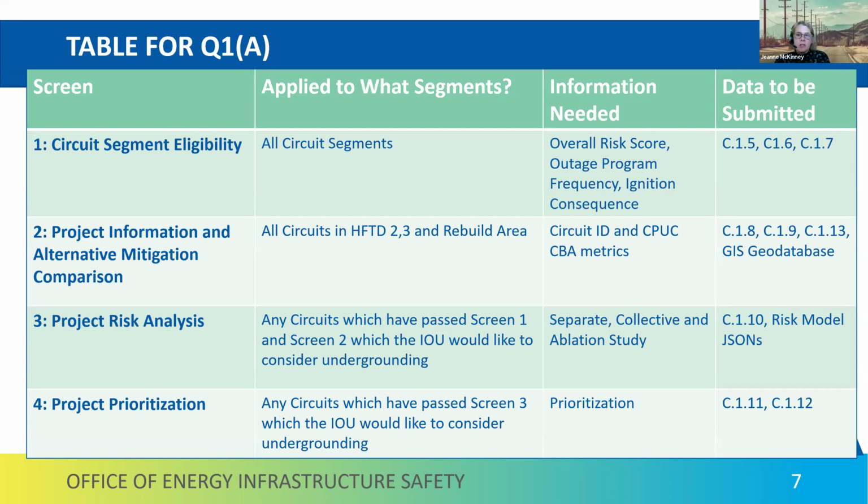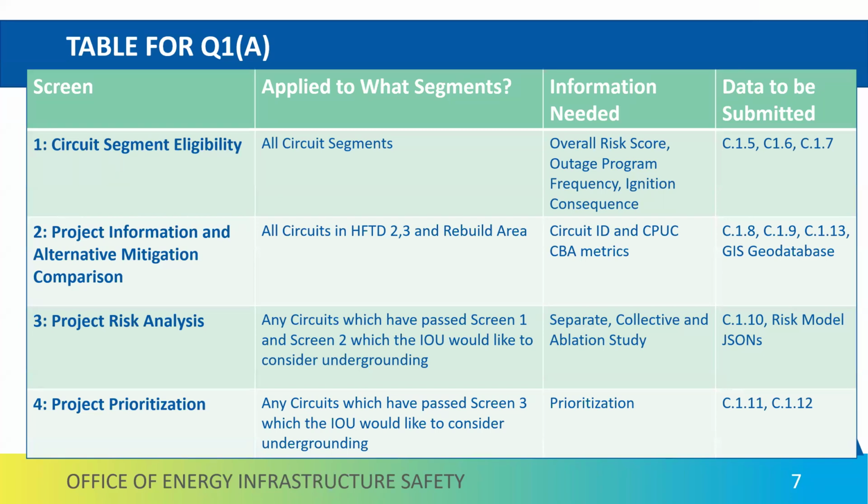So screen 2, it's a yes or no. I think the answer is no, because screen 2 takes care of that. Screen 2 has all of the data that the PUC has asked for in their guidelines.